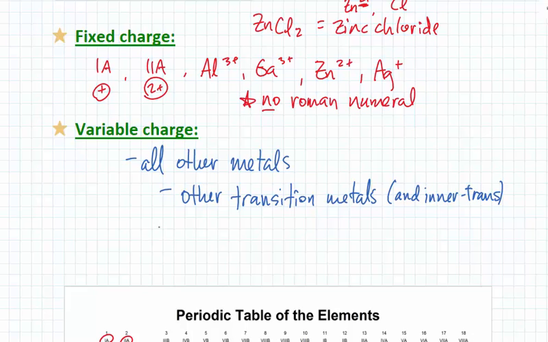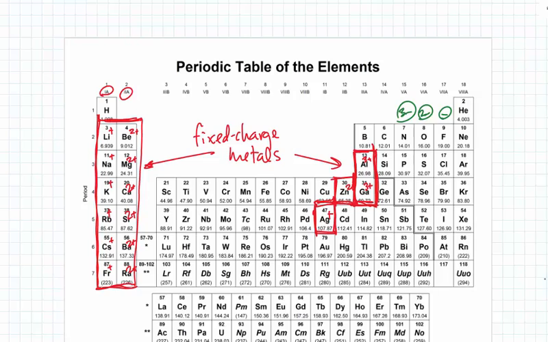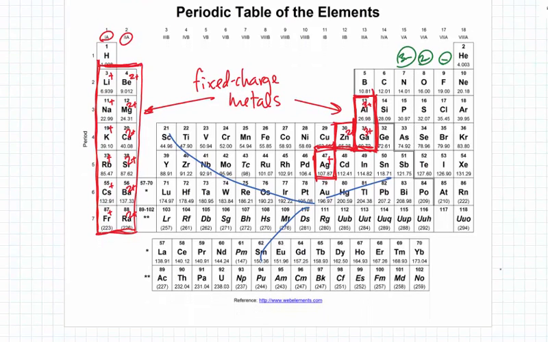All of these in through here are variable, as well as these main group metals in here, tin and lead and bismuth and so on. So inner transition, all of these are variable.